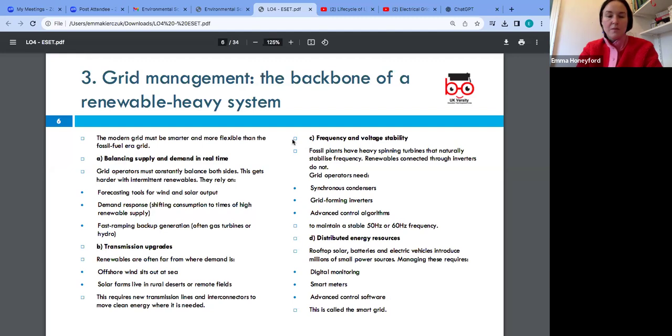So there is a challenge around actually distributing energy geographically. Offshore wind sits out at sea. Solar farms live in rural deserts or remote fields. So this means that we do need to look at how we use technology. We need new transmission lines and new interconnectors to move clean energy to where it is needed. So obviously there is going to be an impact.